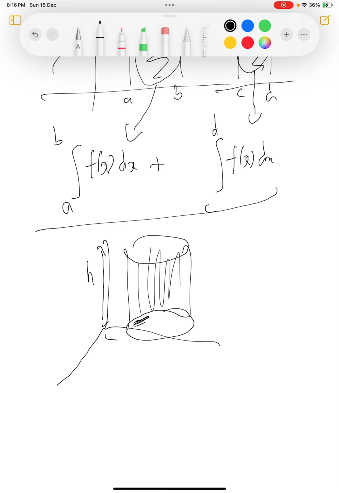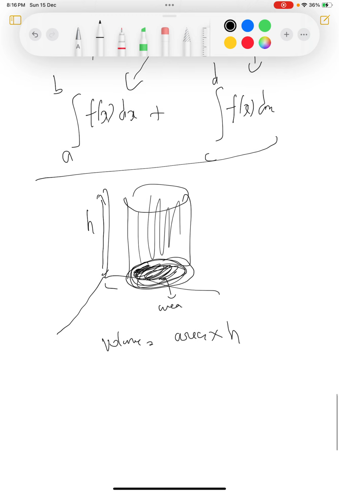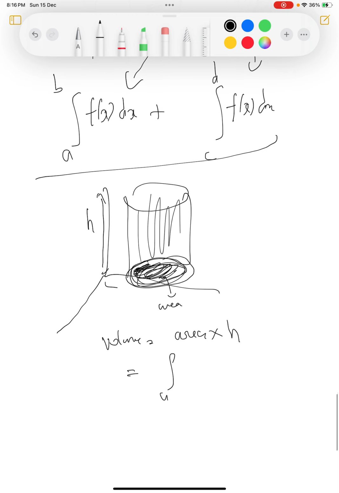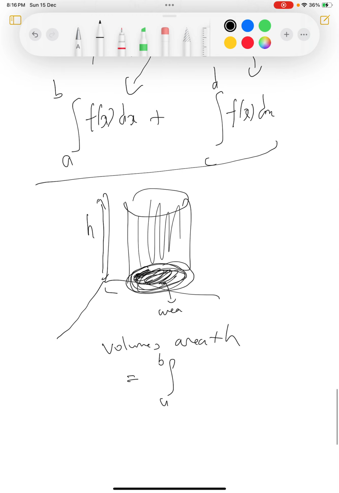Now if I can find the area in this, let's suppose this is the area, then volume is equal to area multiplied by h. So to find the area, I will calculate by integration, multiply h. So in this way I can find the volume.